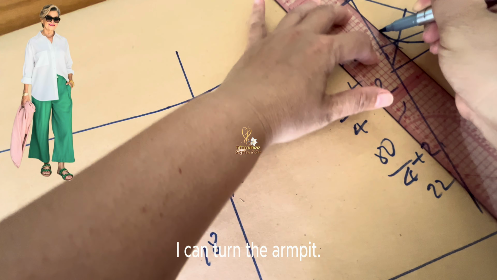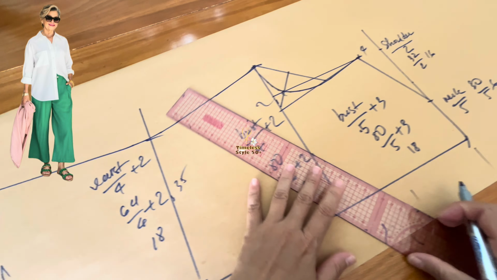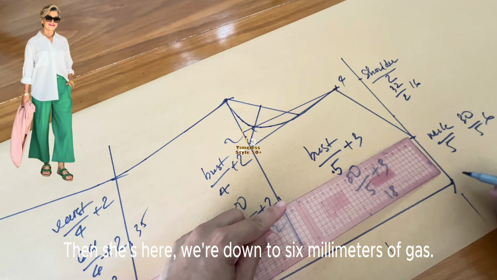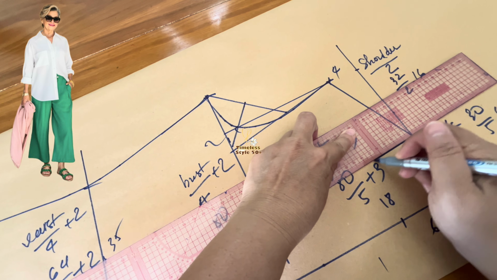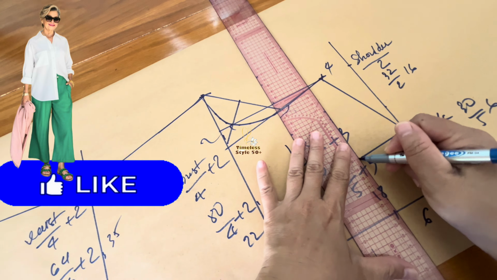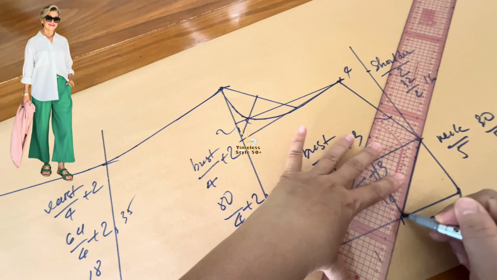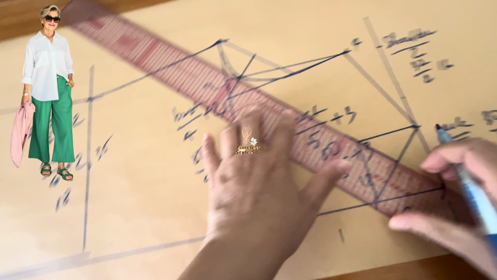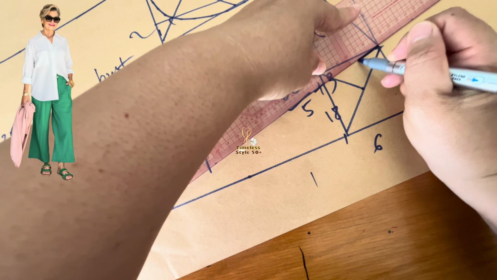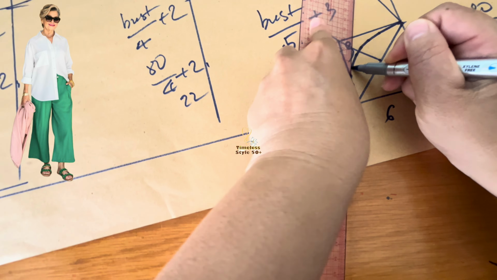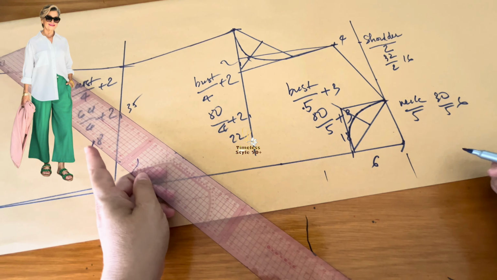I can turn the armpit. Then here, we're down 6 millimeters of gas. Split in 2. Split in 2 again. I can draw the collar.